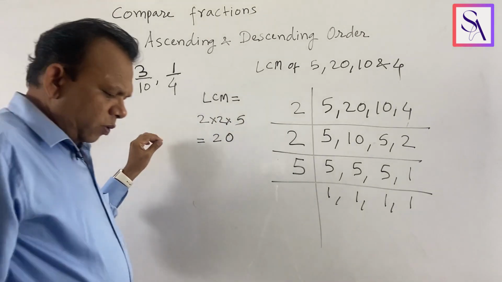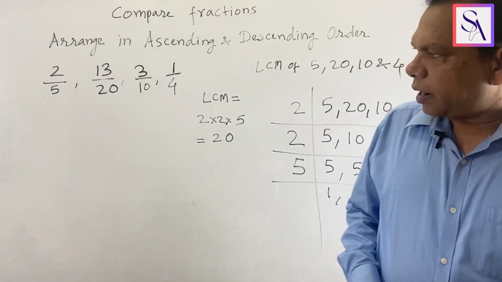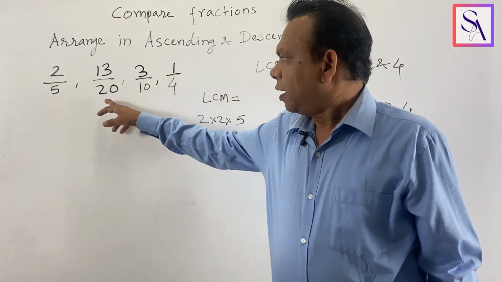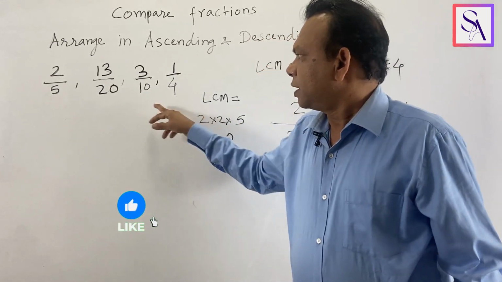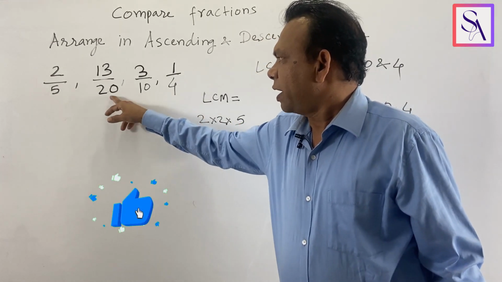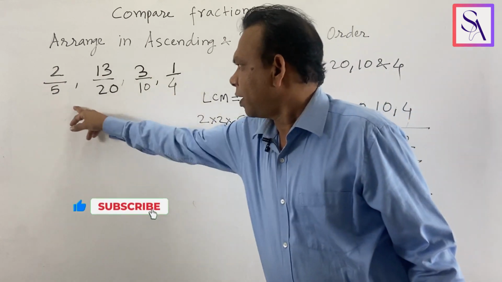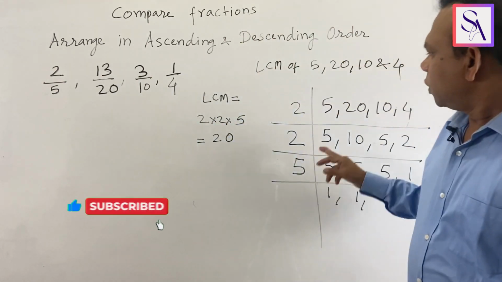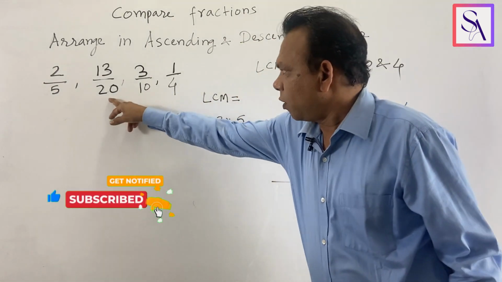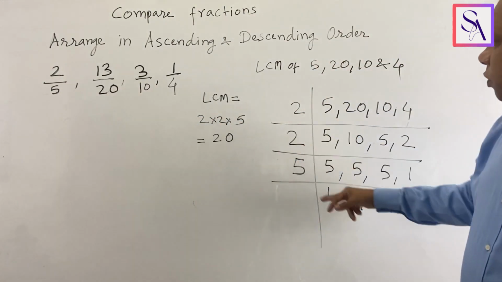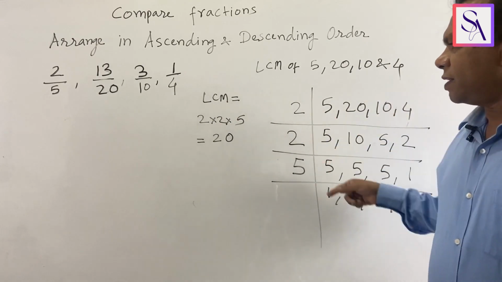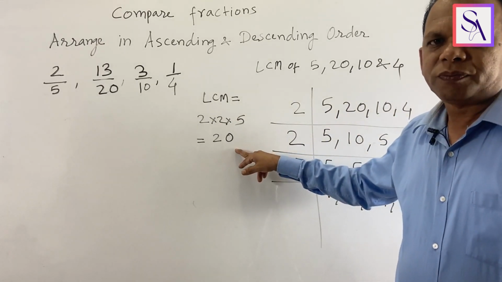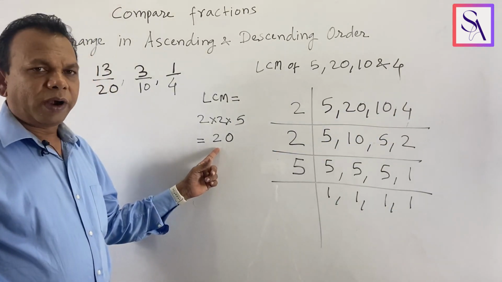I also told you a shortcut method: if the bigger number is divisible by all the other numbers, then that is the LCM. This 20 is divisible by 10, 4 and 5, so 20 is the LCM. If you are able to find the LCM directly, there is no need to do this, but the normal procedure is to find the LCM like this. So now we got LCM 20.